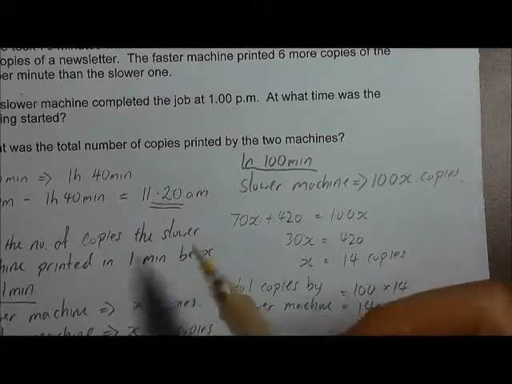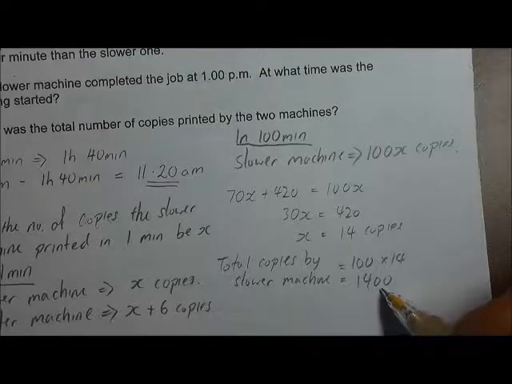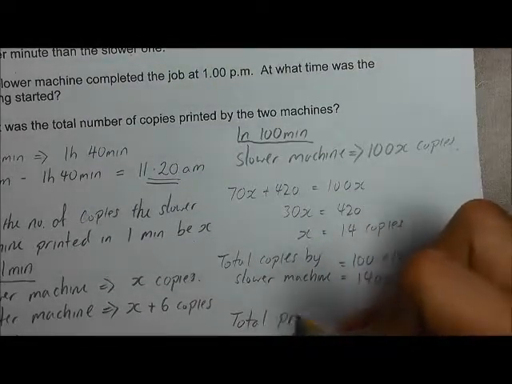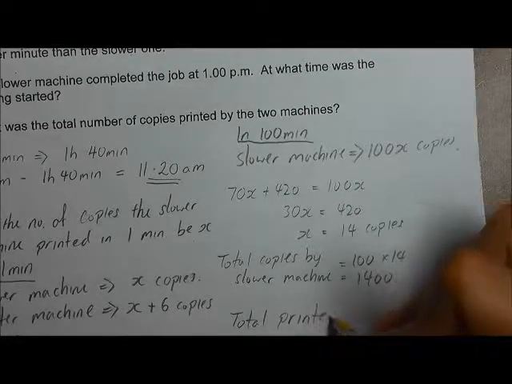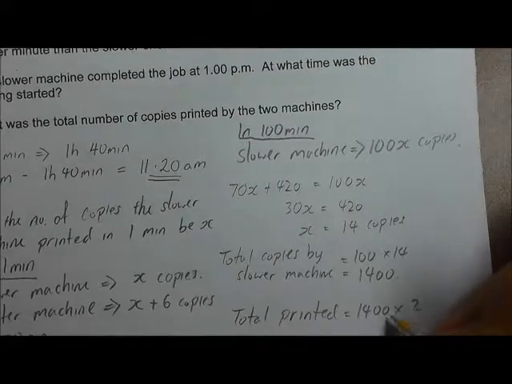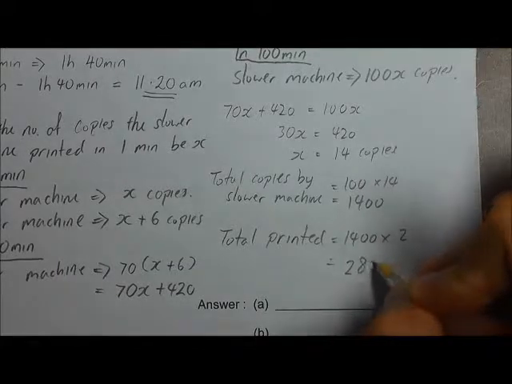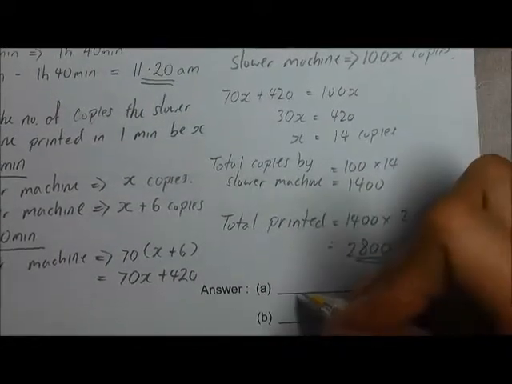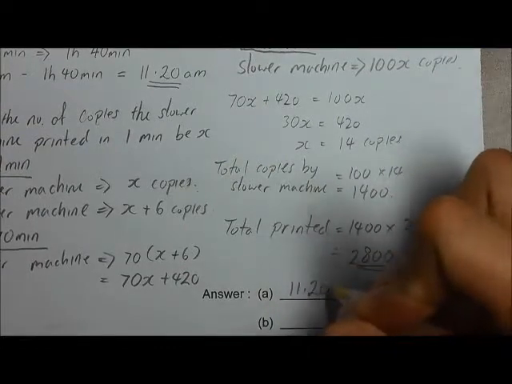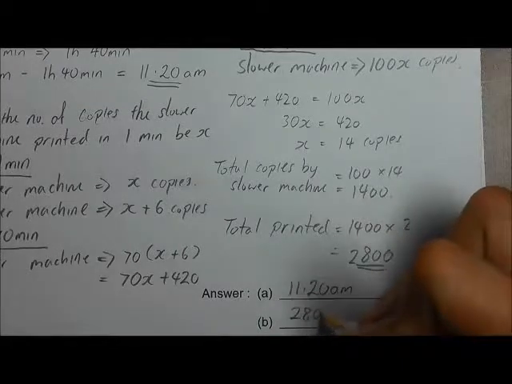And since the faster machine also printed the same number of copies, the total copies printed by the two machines has to be 1400 times 2. That will give us 2800. So the answer for part A is 11:20 AM, and for part B it's 2800.